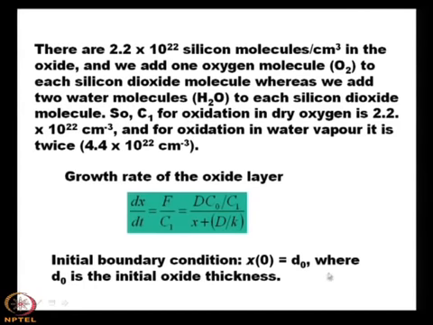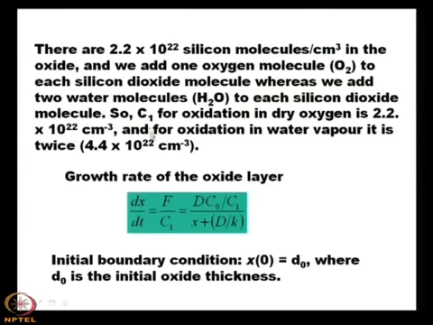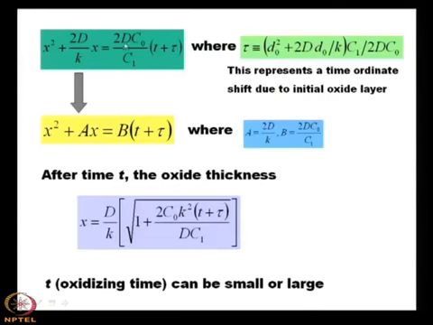So, with the initial condition that d0 is the initial oxide thickness, we can write x squared plus (2D/k) x equals (2 D C0/C1) into (t plus tau).